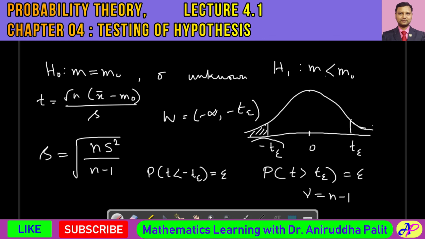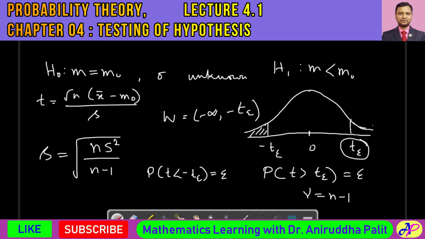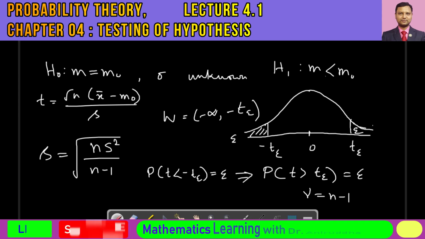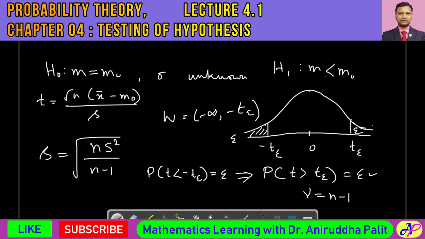But in order to identify this value of t epsilon, we need the help of this t epsilon. So due to symmetry, if this area is equal to epsilon, then this much area would also be equal to epsilon, and that's why we can again say that probability of t less than minus t epsilon is equal to epsilon. From this result, we can easily prove that probability t greater than t epsilon is equal to epsilon, where t follows a t distribution with nu equal to n minus 1 degrees of freedom.